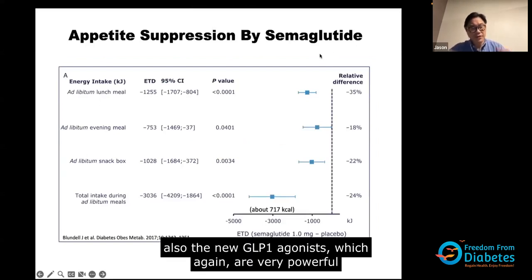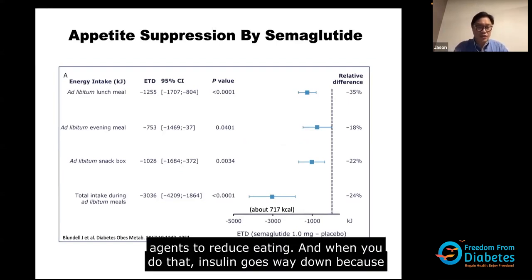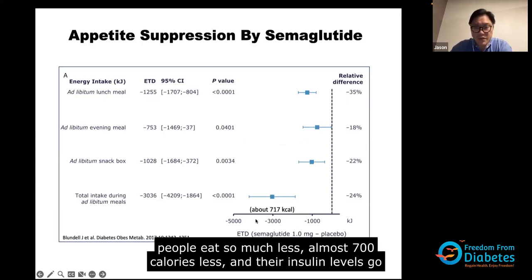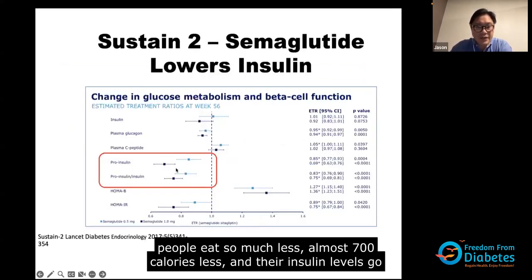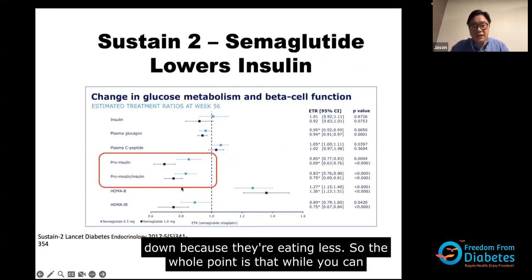There's also the new GLP-1 agonists, which again are very, very powerful agents to reduce eating. And when you do that, insulin goes way down because people eat so much less, almost 700 calories less. And their insulin levels go down because they're eating less.